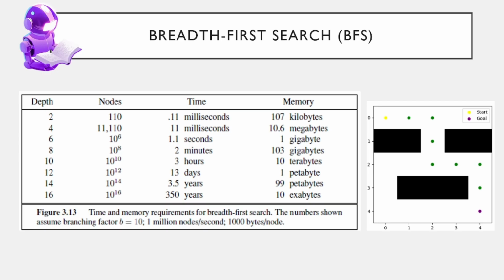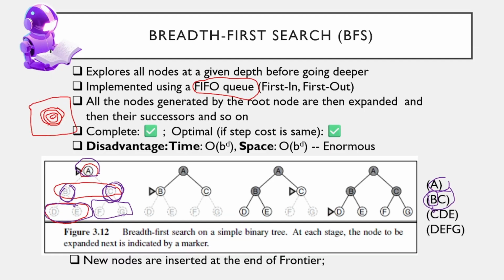We can guarantee that BFS is able to find it because it systematically covers every node level by level. But is it optimal? Yes, but only when every step costs the same. If all edges have equal cost, the first solution BFS finds will also be the shortest one.